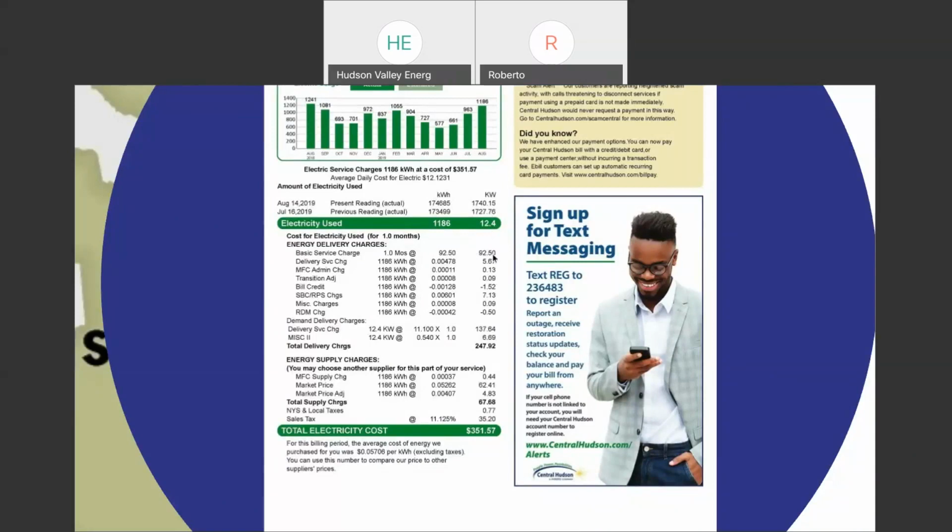That basic service charge and then also the demand delivery service charge puts you in much more expensive territory. As a result, most businesses try to stay below demand charges if they are able to, in order to keep their costs below much more expensive prices.